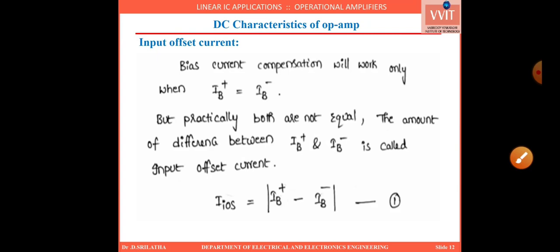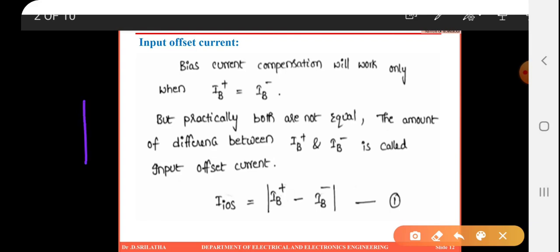Now as we know, the bias current is nothing but whenever a biasing voltage is applied to an operational amplifier, a small current flows through the op-amp terminals, and such a small current is known as input bias current. Here, this is an op-amp.